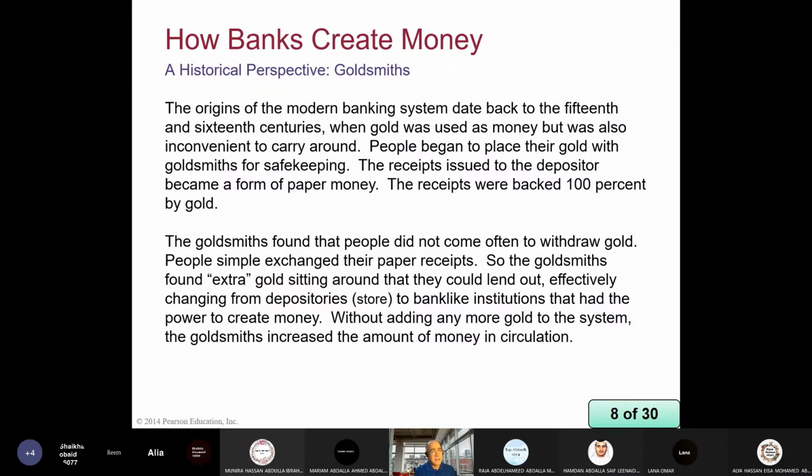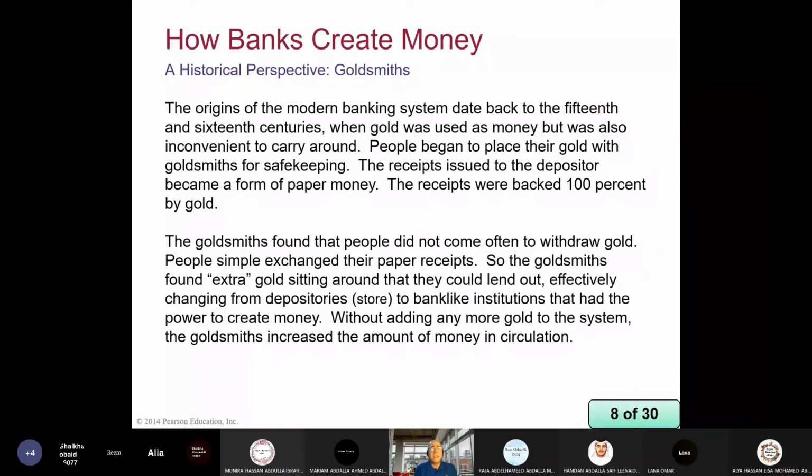So see here, I think in the next paragraph, what we will say. So later, since the receipt is supported by gold, at any moment I can go back to the goldsmith and demand my gold. So when I go to purchase something, I can pay by giving them the receipt, and they feel the receipt is supported by gold.